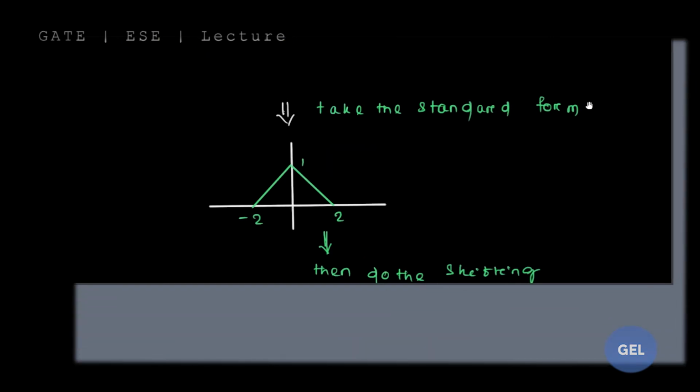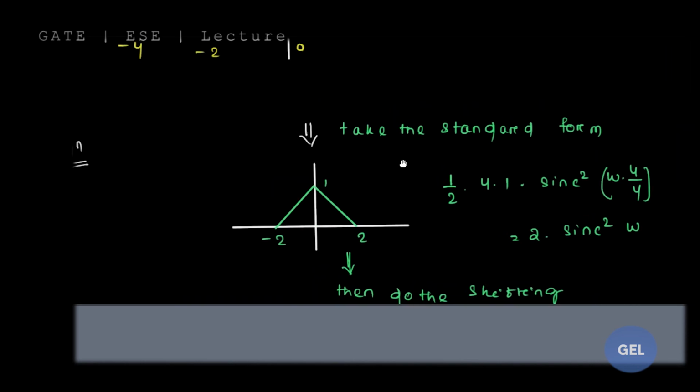For example, once you come to your standard format, you'll get your value, that will be nothing but 1 by 2 into 4 into 1 into sinc square of omega into 4 by 4. Okay, this is the value that you're going to get. That means nothing but 2 into sinc square omega. This is the value that you're going to get for this one.